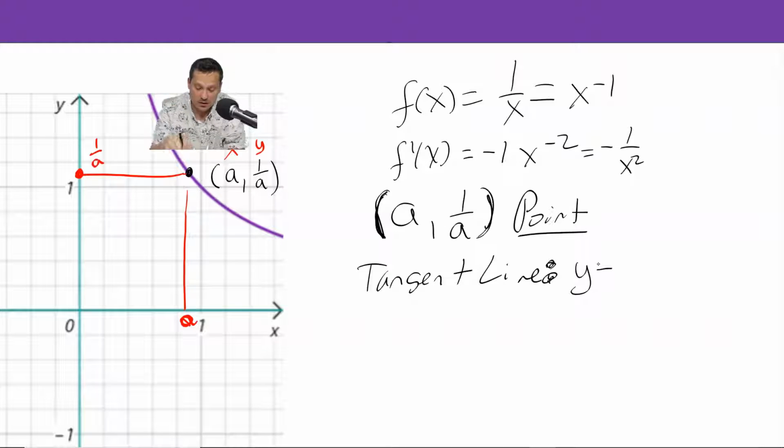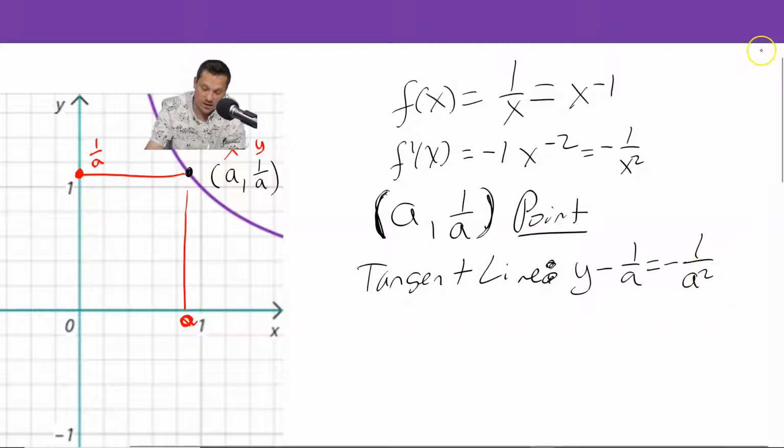So that is 1 over a. And then this is equal to the slope at that point, but the derivative at x equals a is the slope. That's the purpose of the derivative. So it becomes negative 1 over a squared. What I'm doing right here is I'm just replacing x with a. Just like here, I replaced y with 1 over a.